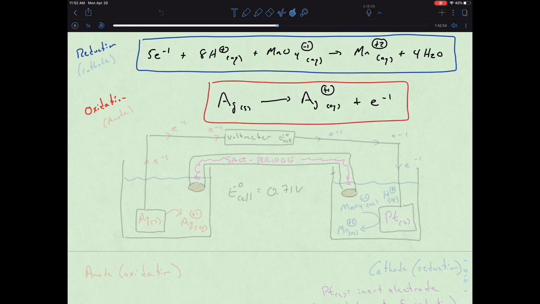So that means we just have to represent these on the appropriate side of the cell diagram, as far as the anode side or the cathode side.